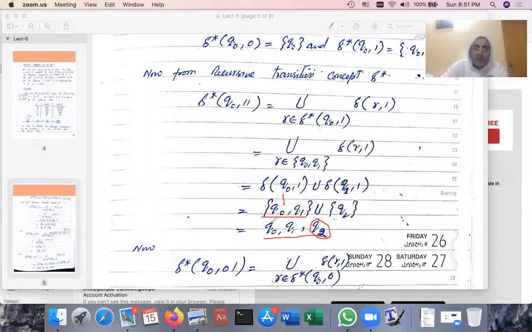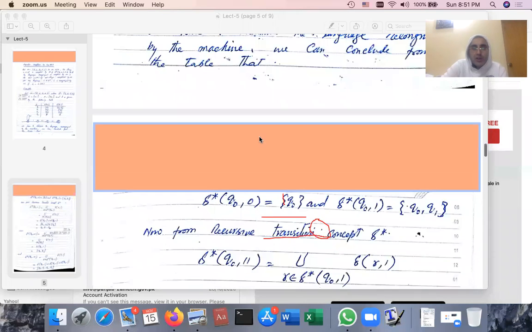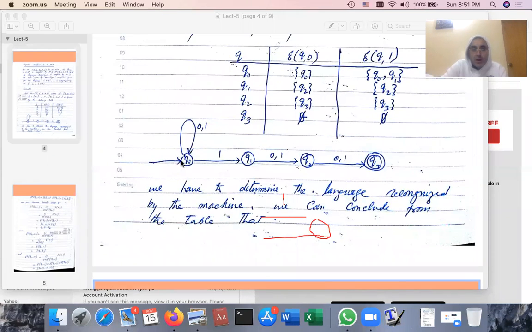First I will reach Q0, then I will reach Q1, and then I will reach Q2 after applying 1 1, which you can also check on this diagram. From Q0 with 1, and then from Q1 with 1, I am reaching at Q2.